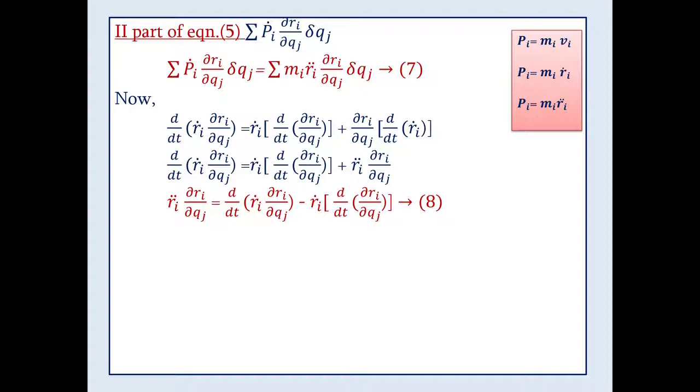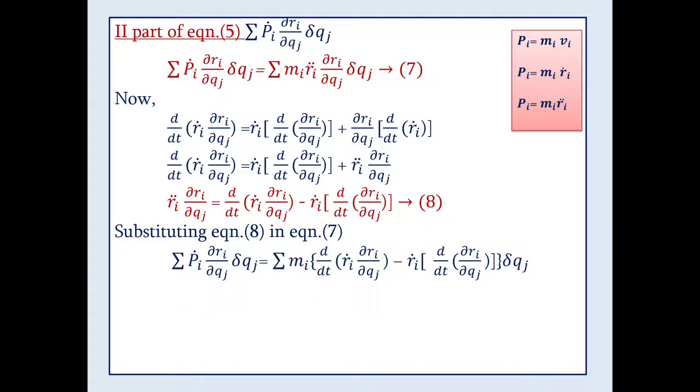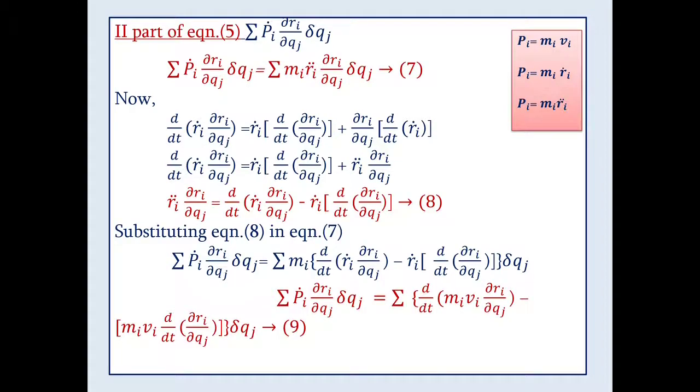Now let us substitute this value of Ri double dot dou Ri by dou Qj in equation 7. Substituting it, we get summed over Pi dot dou Ri by dou Qj into delta Qj equal to summation mi into (d by dt of Ri dot dou Ri by dou Qj minus Ri dot d by dt of dou Ri by dou Qj), everything into delta Qj. We know that the one time differential of Ri is Ri dot, which is vi, the velocity.